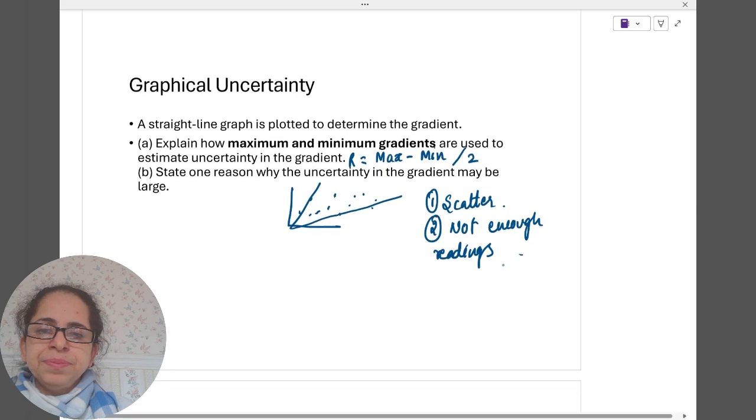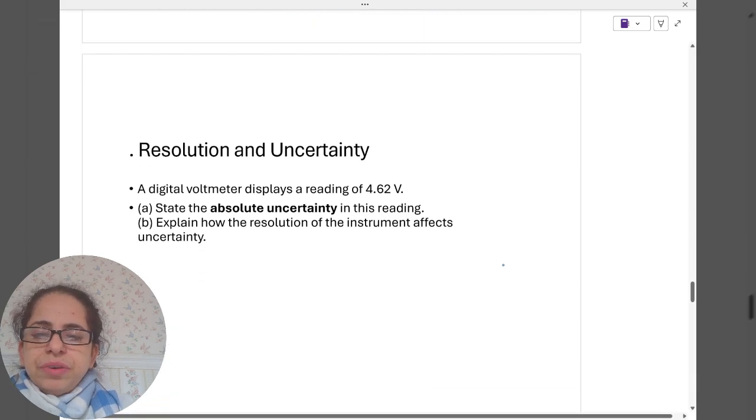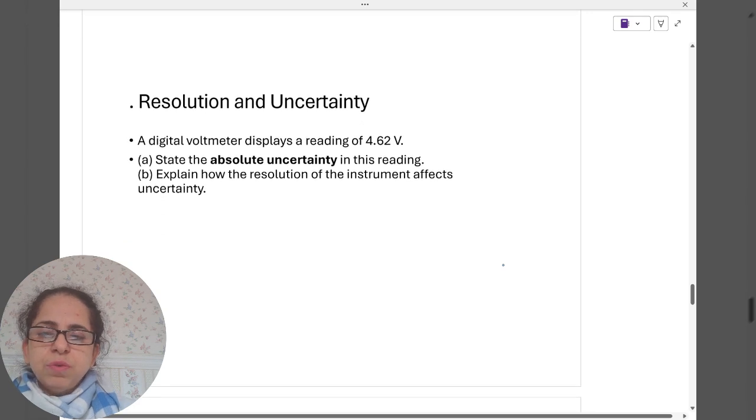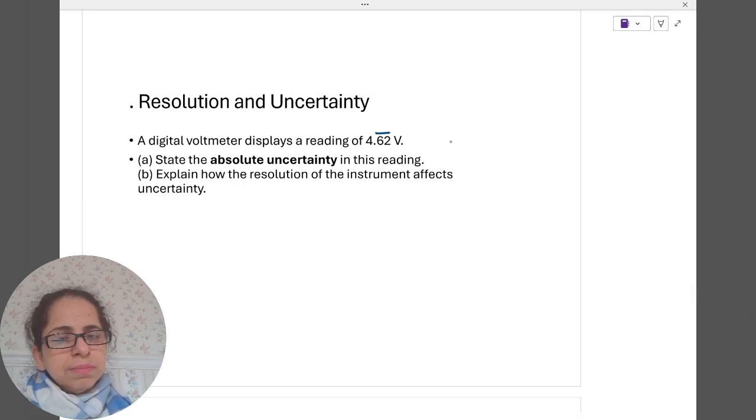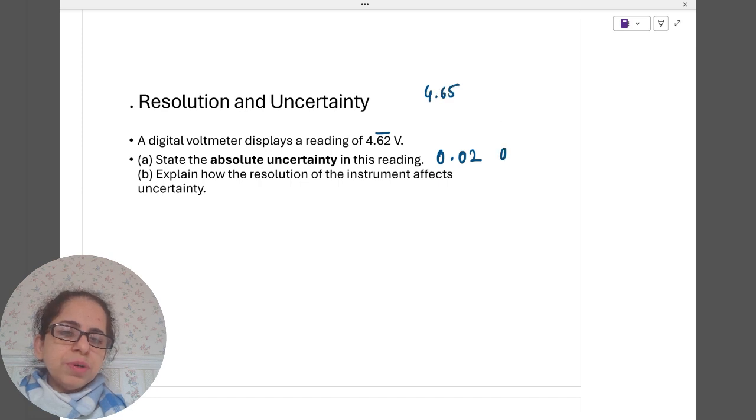Okay. Now, resolution and uncertainty. Let's just read. A digital voltmeter displays a reading of this much. Absolutely, the increments are happening in this. So that's your absolute uncertainty. Suppose it gives you 4.65, it'll be 0.05.